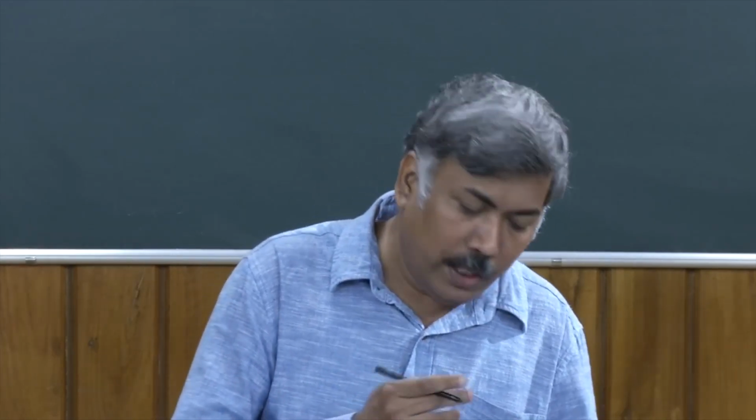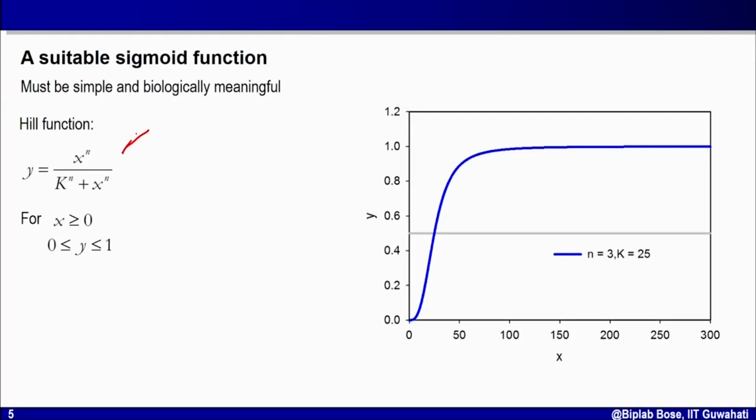So let us look into what the Hill function is. The Hill function is nothing but y, which may be the output, is equal to x to the power n divided by k to the power n plus x to the power n. Here n and k are parameters, meaning these are constants. And I have to get those values, either I have to guess them or from experimental data I have to get them.